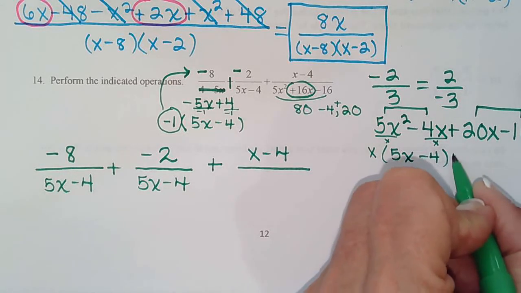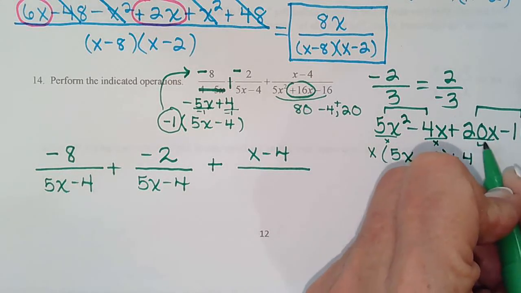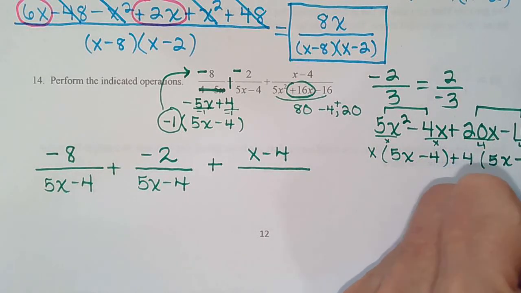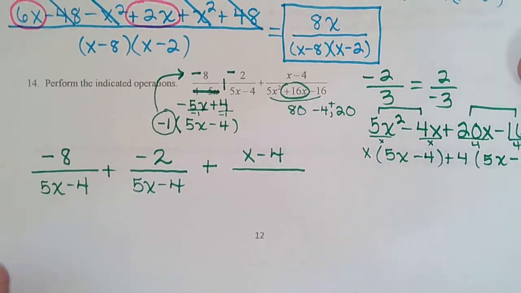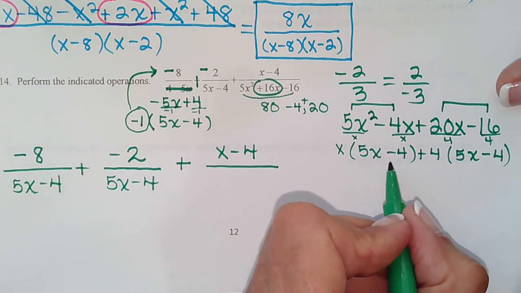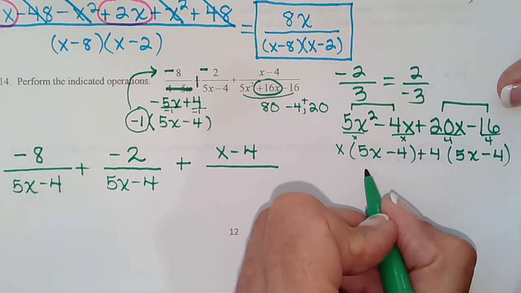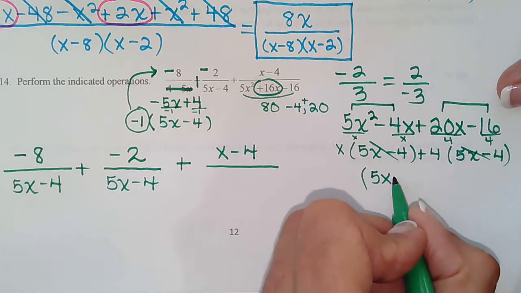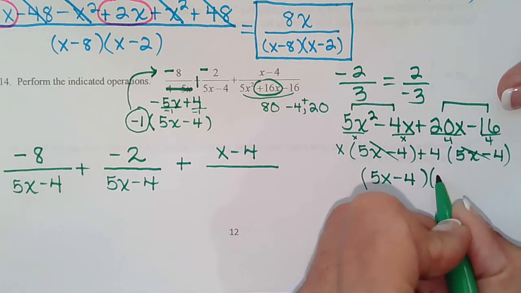We take out a 4 here, positive 4, and we get 5x minus 4. And then we get excited because our parentheses match. Woohoo! And when the parentheses match, that means we're doing it right. So this is going to turn into a new GCF of 5x minus 4 and x plus 4.